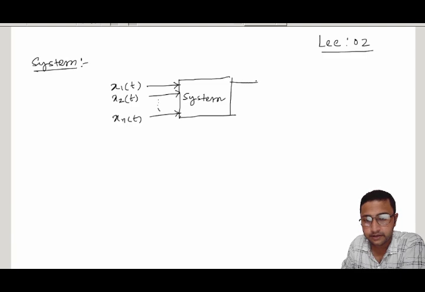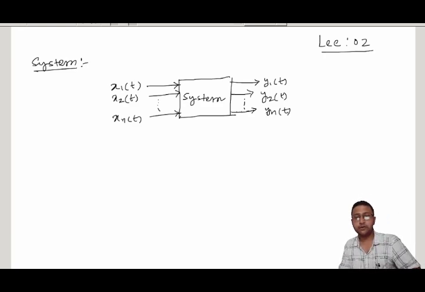That means the output of the input signal x1(t) will be y1(t), the corresponding x2(t) will be y2(t), and so on. The output of xn(t) will be yn(t). So this is basically the system.